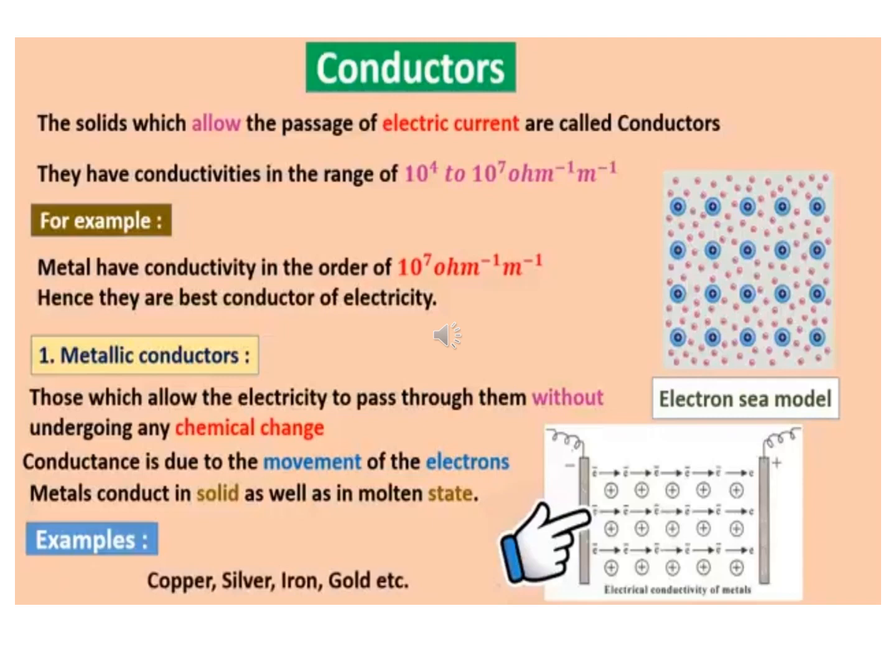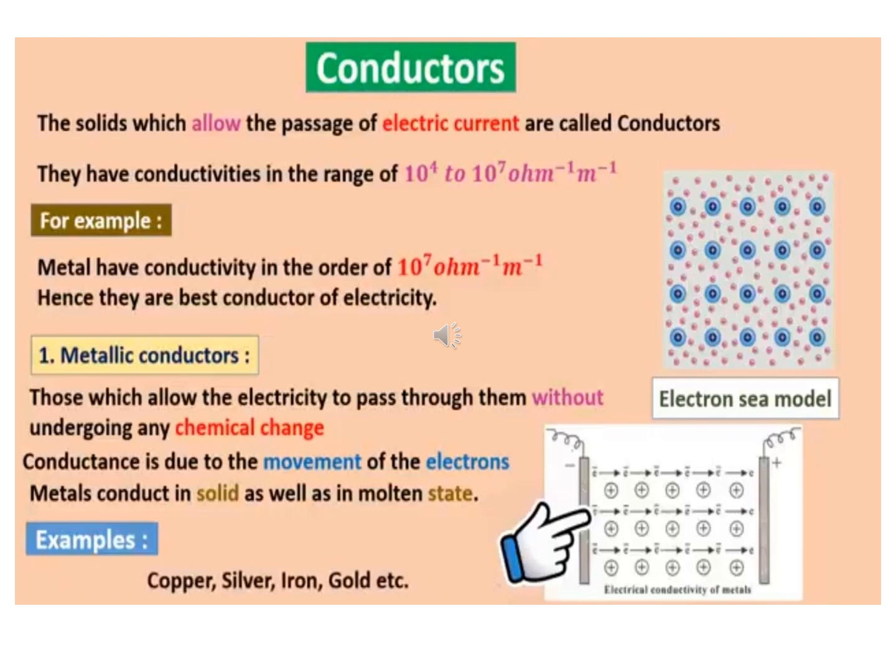In metallic conductors, no chemical change occurs, because the conductance is due to the movement of electrons that are present in the metals. So metals can conduct electricity in solid form as well as in molten state.